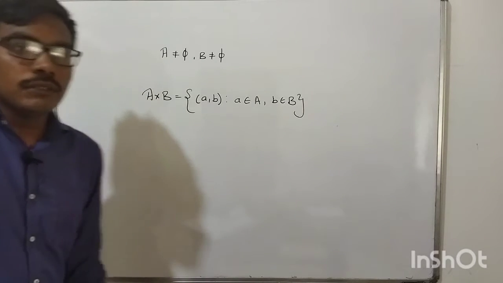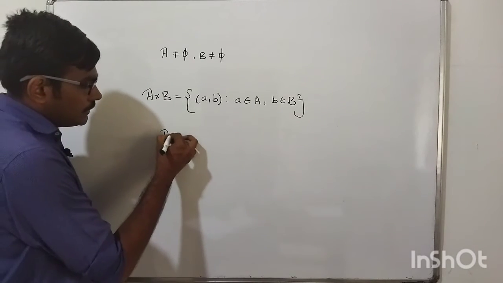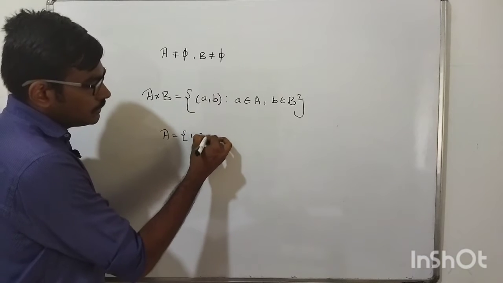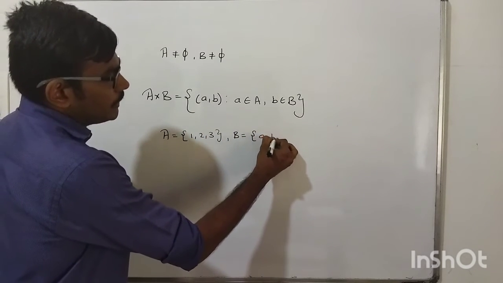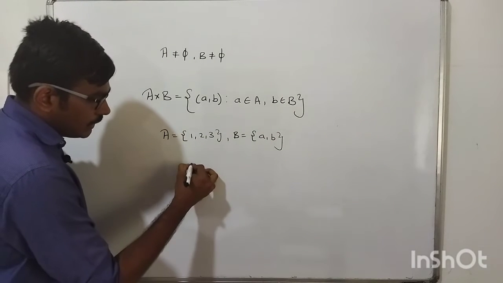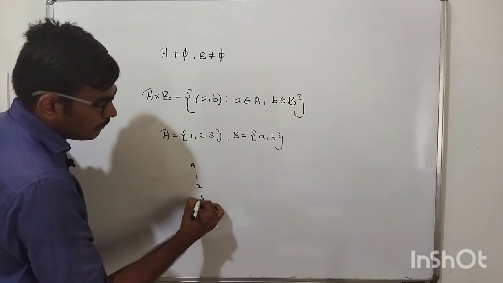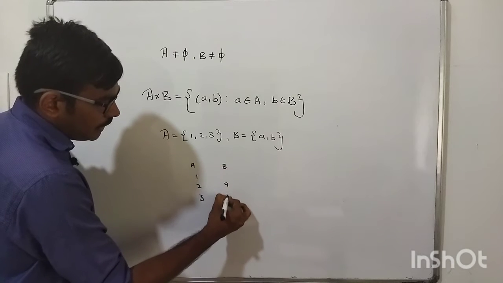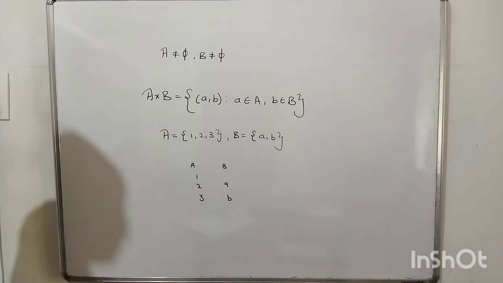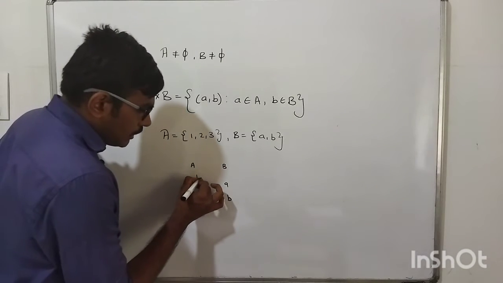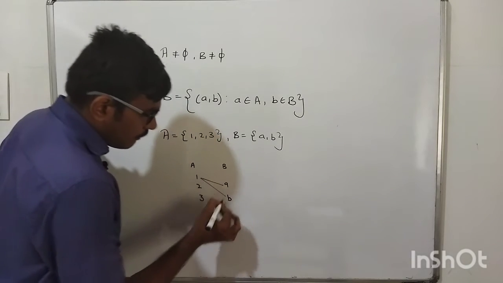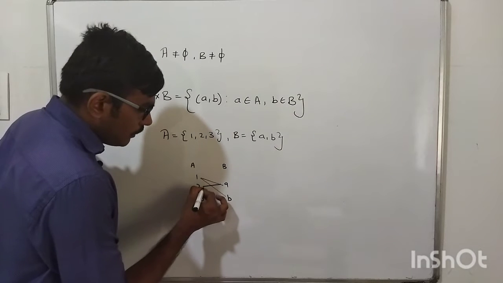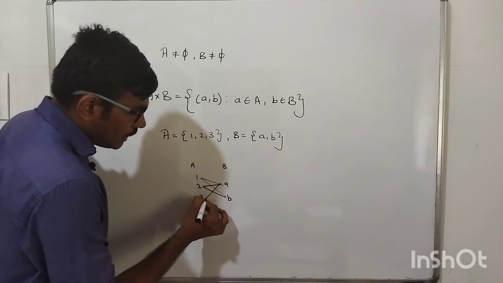For example, if A is equal to {1, 2, 3} and B is equal to {a, b}, we find the different pairs. 1 can make a pair with a, 1 with b, then 2 with a, 2 with b, 3 with a, 3 with b.